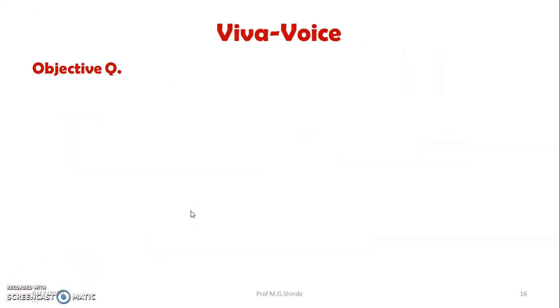Now we will see some viva voce questions from this limit test. The first question is: write the principle behind the sulfate limit test. As already discussed, the principle is based upon the reaction between soluble sulfate and barium chloride, which gives the formation of barium sulfate in an acidic environment.